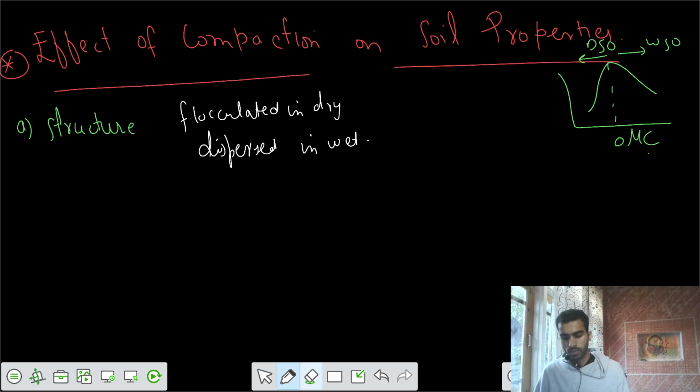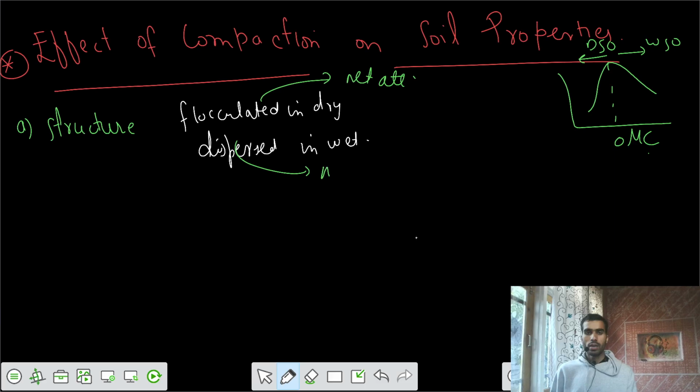Okay. Let's talk about permeability. In the flocculated structure we have net attractive forces, and in the dispersed case we have net repulsive forces.